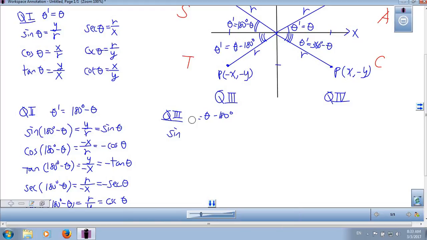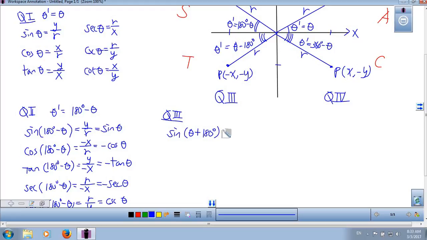Let me write it in such a way: we're adding the original theta plus 180 degrees. The reason is that the actual angle in the third quadrant is 180 degrees more than the original angle theta. So theta prime is going to be theta minus 180, and this angle theta will be equal to theta prime plus 180 degrees.